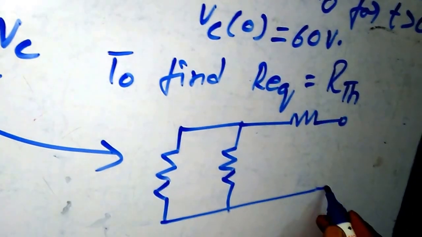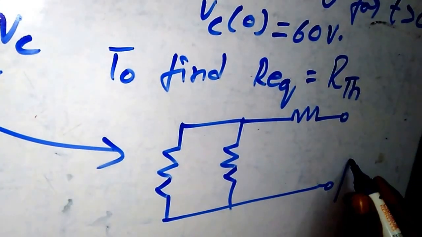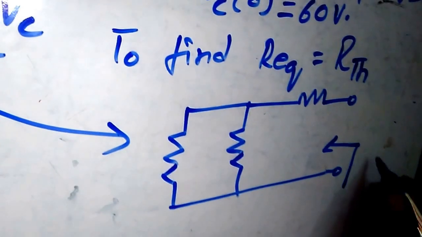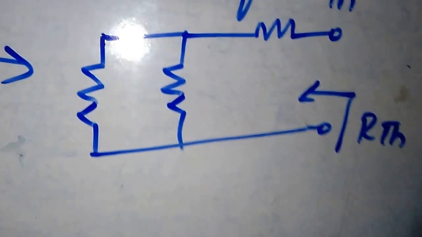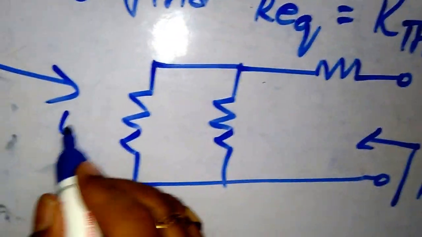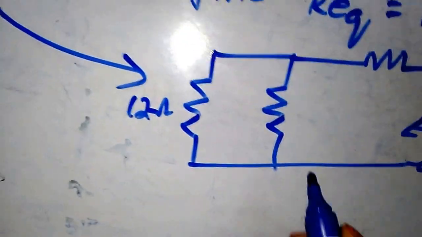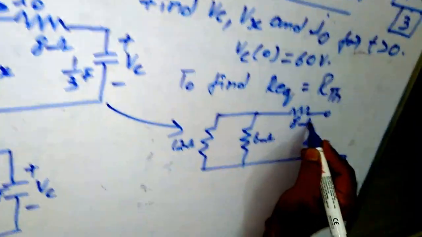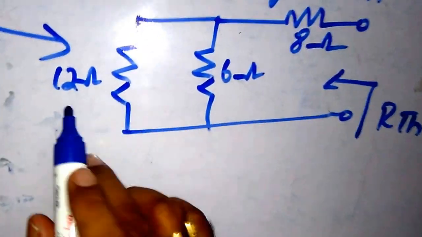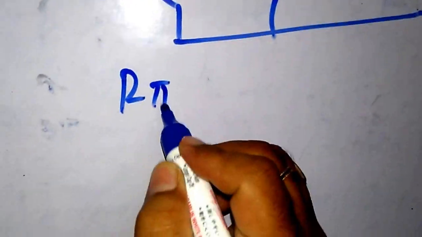We open the capacitor, and by looking back into the circuit we'll find the RTH, which is nothing but R equivalent.